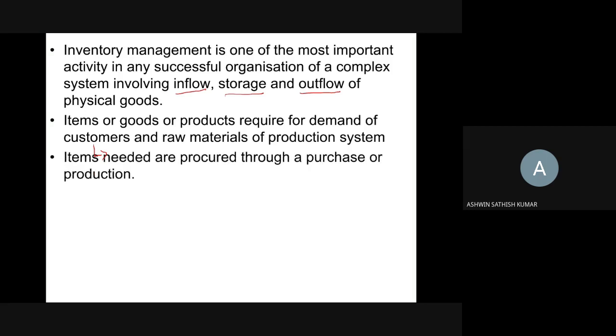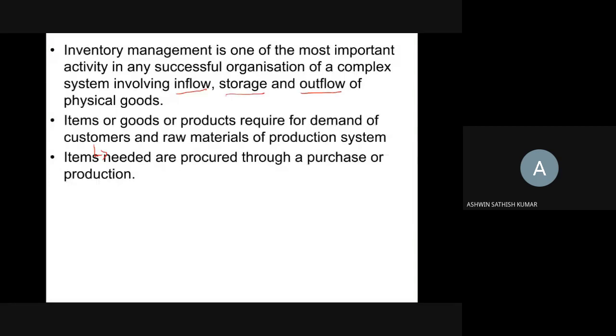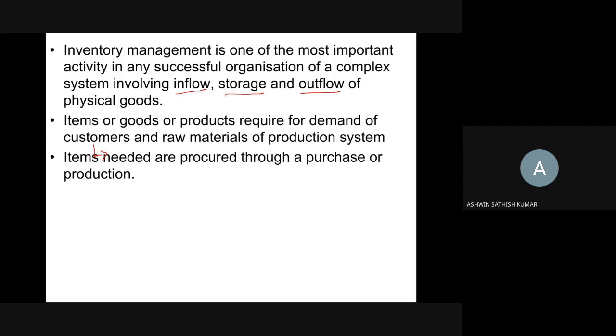Now, the items needed are procured through purchase or production. Whatever raw material, items, goods, or products you require, you can procure either by purchasing from the market directly, or you can produce. When you produce, you produce one by one.